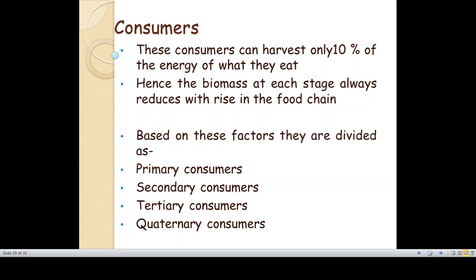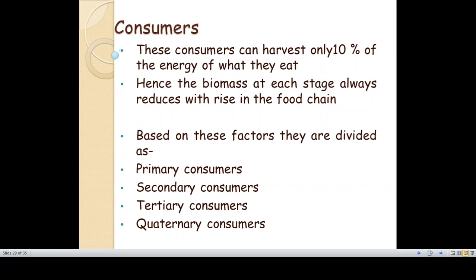Now these consumers basically harvest only 10% of energy. Like I've said, the energy is passed from the lower level to the higher level, so it is not transferred as it is. Of course, when you pass on the energy, it will be transferred with degradation or decrease.